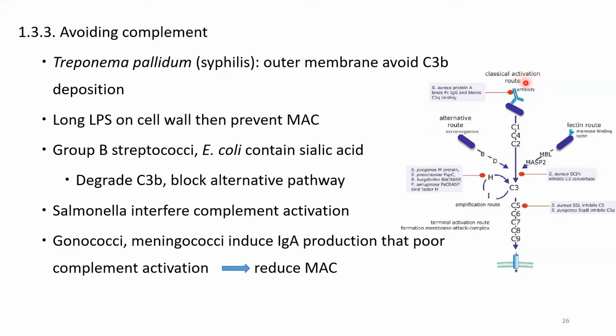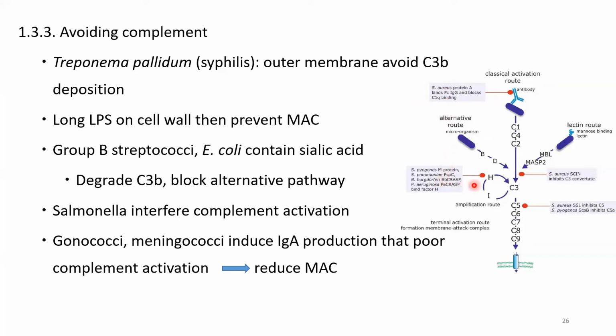So this is supposed to be the classical pathway, where we get antibody binding to the bacteria. So Staph aureus can bind IgA and block the binding between antibody and C1. C1 is the complement component.